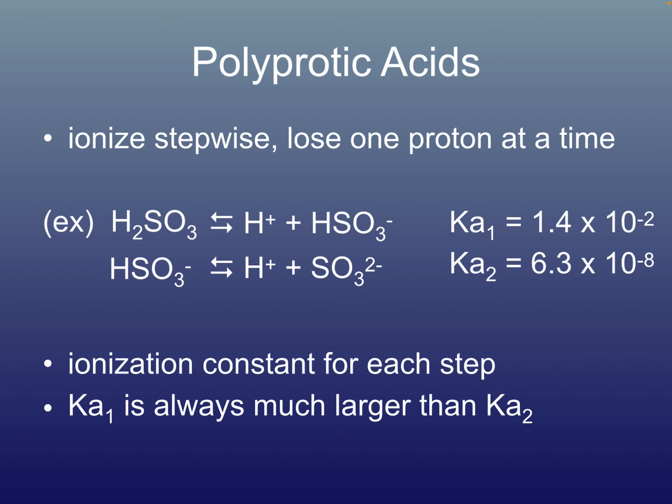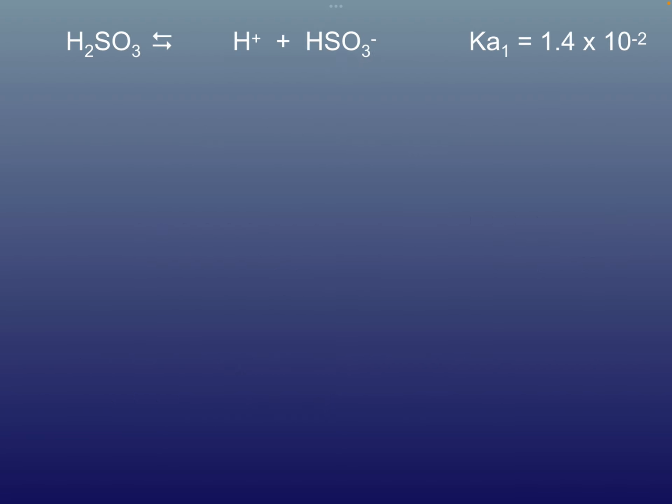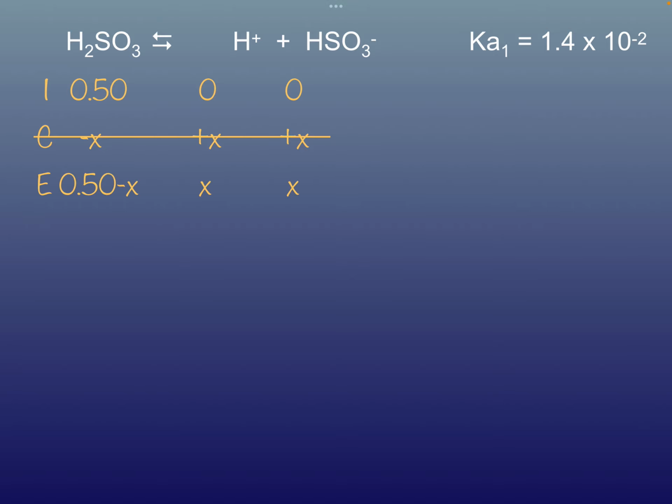So to show you how this works in terms of an ice table, because these are still going to be weak acids for the majority of them. So we said here we have the sulfurous acid producing the hydrogen sulfate. Say we started with 0.5 molar acid and none of the original ions. Our reactant would decrease by a factor of X. Our products would increase by a factor of X, giving us equilibrium values that we can plug into Ka.